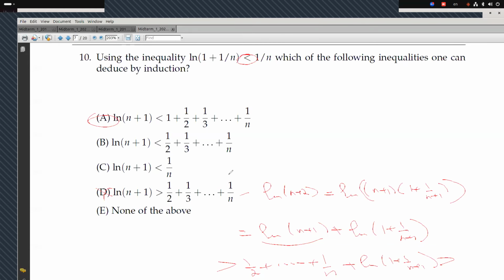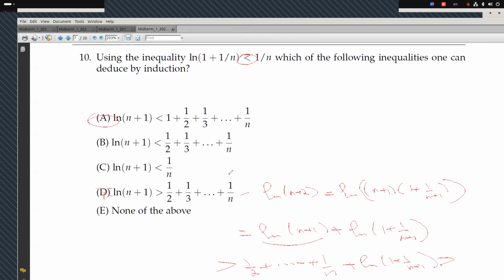If we interpret this, the right side contains n minus 1 terms, okay? When n equals 1, the right part contains 0 terms. So when n equals 1, sorry, we have logarithm not 1, but logarithm 2.